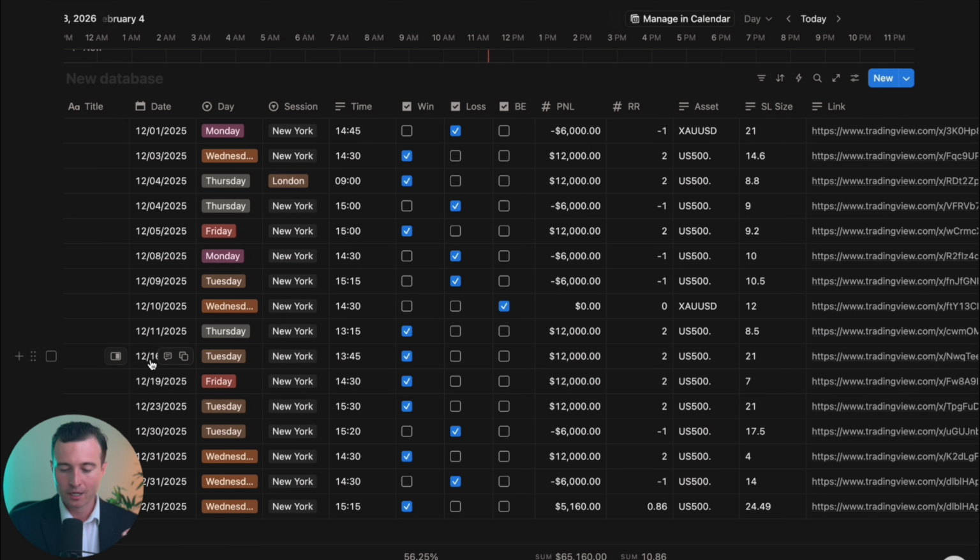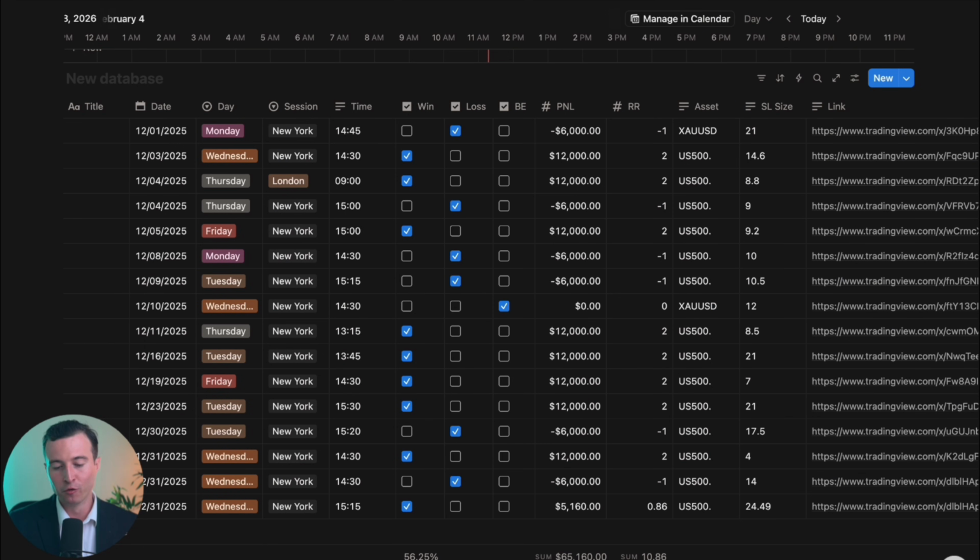And the result at the end of the month, if you look at this column, the R multiple, which is really what is important, what is your risk to reward, the sum of the month was 10.86R. If you look at the bottom of the screen, you can see that right there.